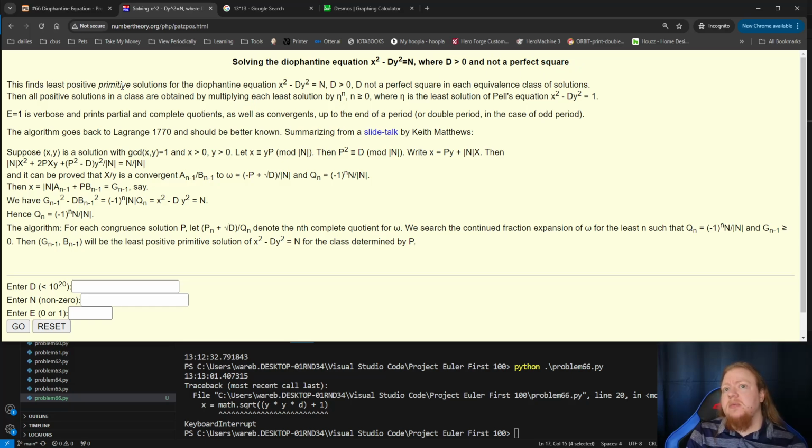This finds least positive primitive solutions for the Diophantine equation x squared minus dy squared equals n for d greater than 0, d not a perfect square, and each equivalence class of solutions. Then all positive solutions in a class are obtained by multiplying each least solution by, I don't remember what that Greek letter is called, to the n for n greater than or equal to 0, where that is the least solution of Pell's equation. Okay, so Pell's equation is actually the one that we're working with.